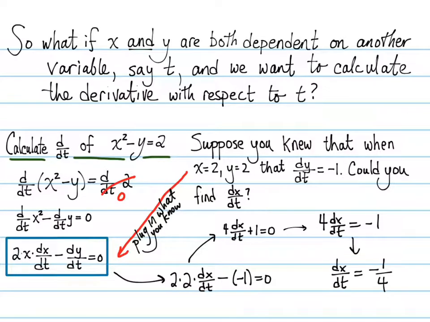And solving for dx/dt, we get negative 1/4. So if we're at the point (2, 2), and dy/dt is negative 1, if y is changing at the rate of negative 1 unit per time, then dx/dt tells us that x is changing at negative 1/4 units per time.